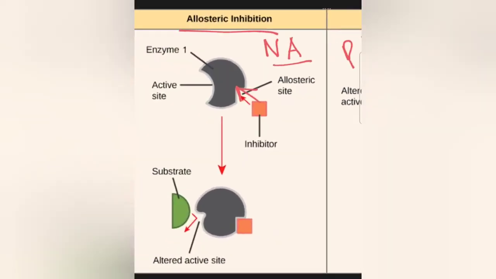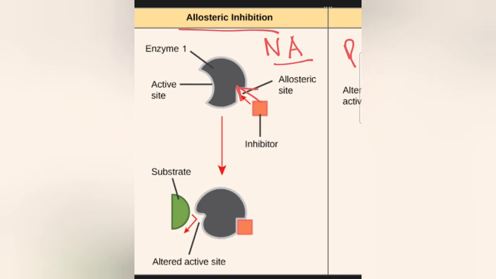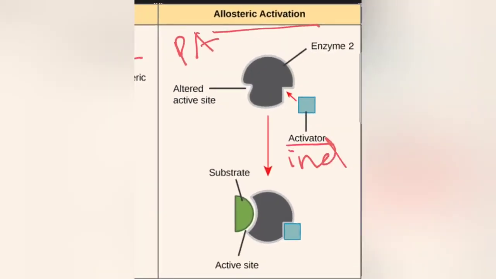Previously the shape of the active site was like this. Now it will change again so that the substrate can bind. So how will it change? When an activator or an inducer molecule comes and binds to the allosteric site of the enzyme, this shape will change to this shape so that the substrate can bind to the enzyme.